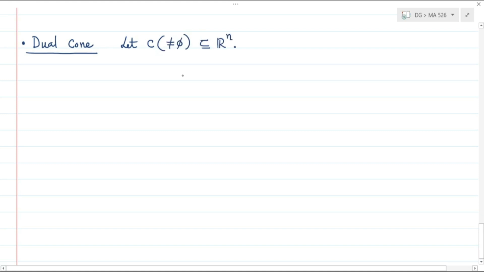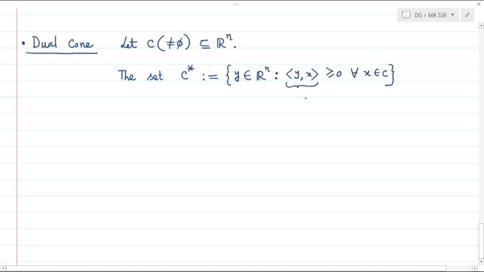Then the set we shall denote by C star is defined as the set of all those vectors y in Rn such that the inner product of y and x is greater than or equal to 0 for all x belonging to C. This inner product idea we have learnt in linear algebra, and unless otherwise specified, the inner product of a pair of vectors in the n-dimensional Euclidean space is nothing but the matrix product y transpose x.